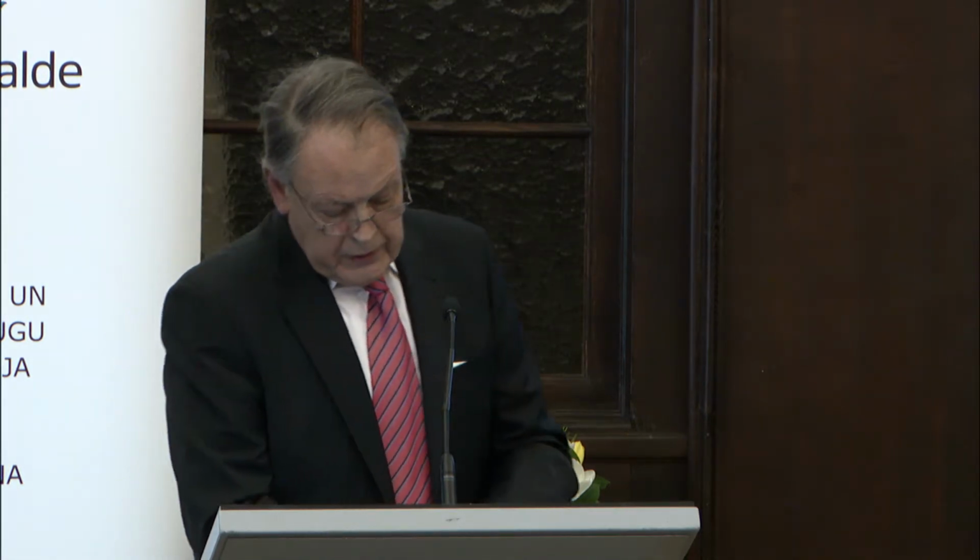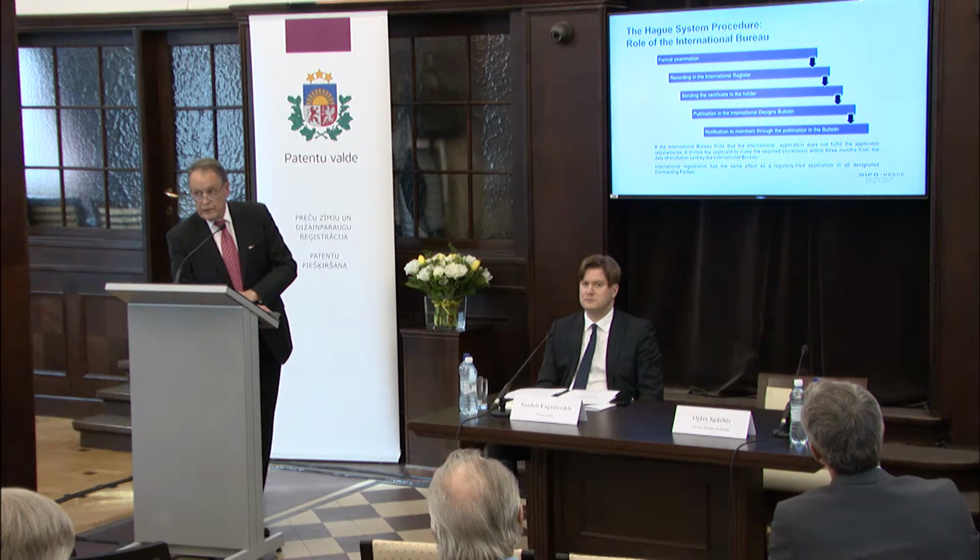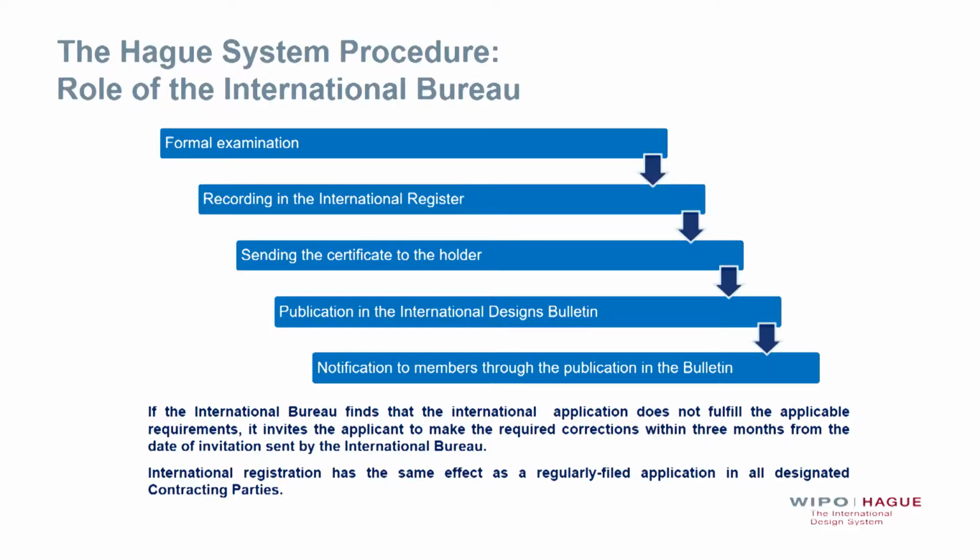The role of the International Bureau: when we are considering the international application filed before the International Bureau, and when we receive an indirect international design application, we are carrying out a formal examination.